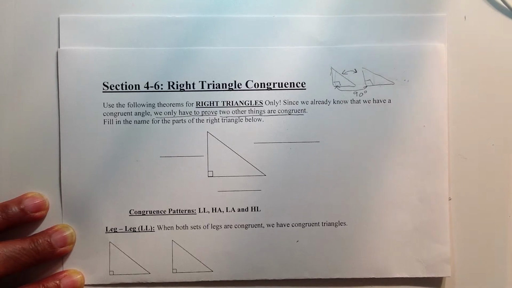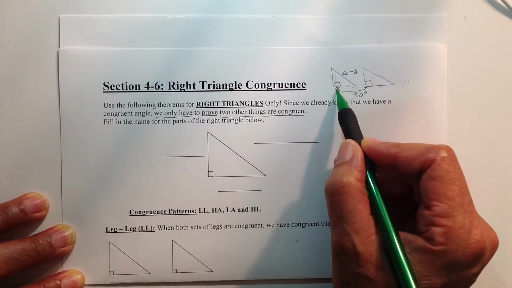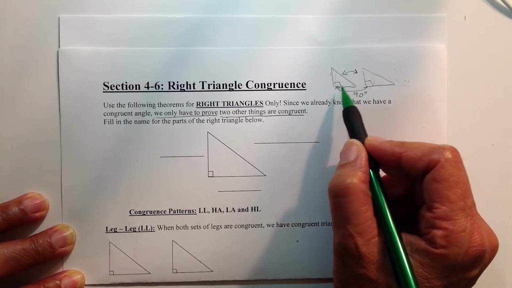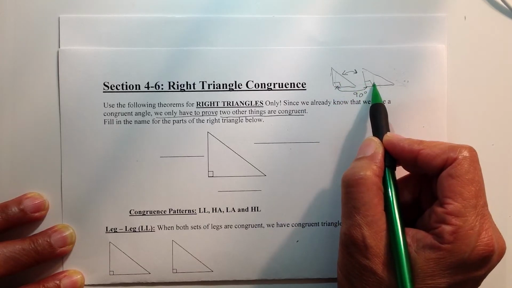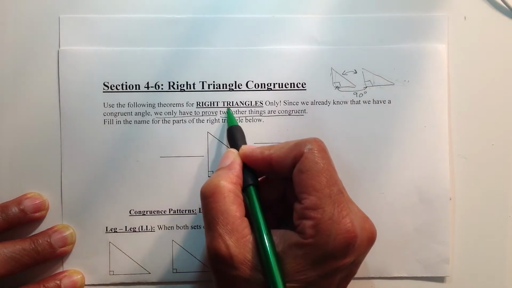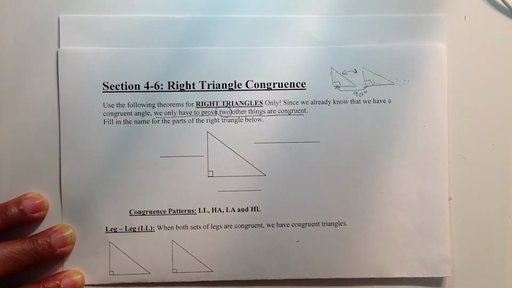Angle, angle, side, three things. Angle, side, angle, three things. So, since we already know that we have a congruent 90-degree angle when we're proving that two right triangles are congruent, we only have to prove two other things to be congruent.